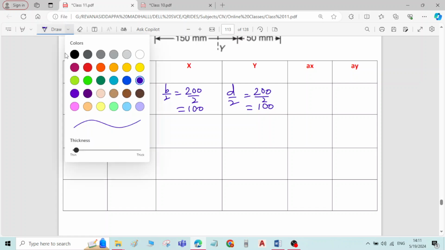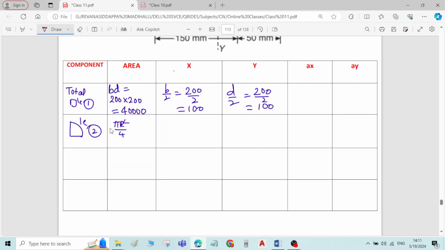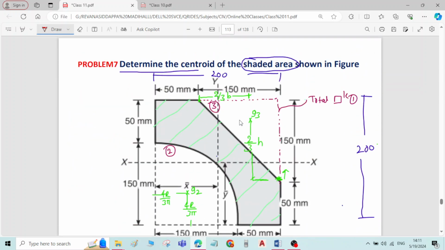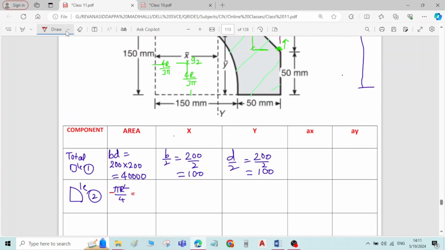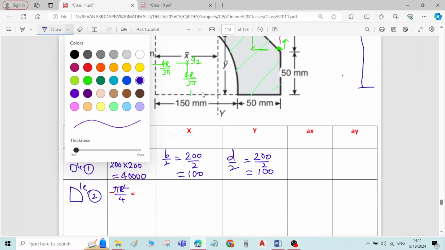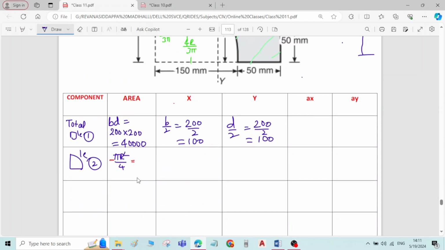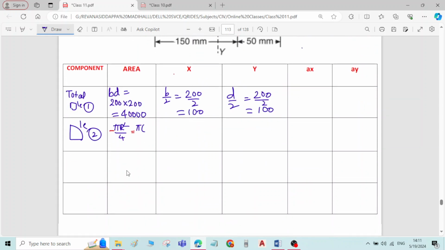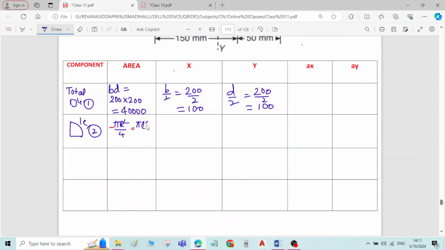Very, very important, you have to take a negative sign here, because to get the area of the shaded portion you have to deduct the area of the quadrant of the circle and the area of the right angle triangle. Therefore, pi into the radius, 150 mm is the radius, 150 square by 4.